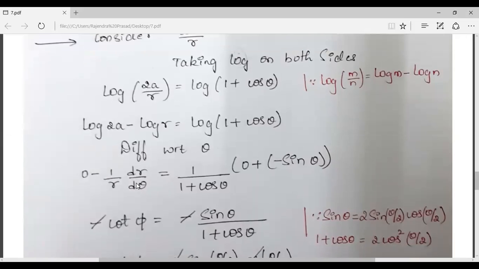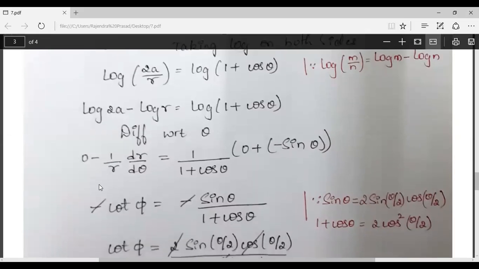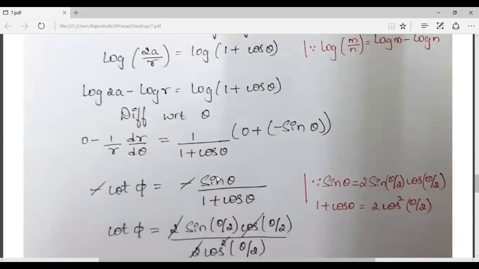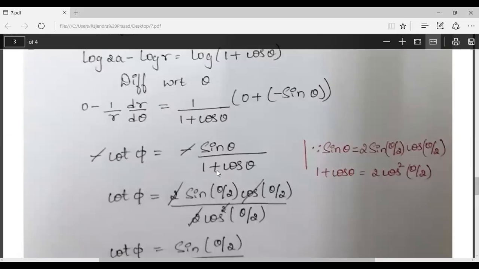We know that 1 by r into dr by d theta is equal to cot phi, that is equal to minus sin theta upon 1 plus cos theta. Minus minus get cancelled, cot phi keep as it is, sin theta. Sin theta can be written as 2 sin theta by 2 into cos theta by 2, divided by 1 plus cos theta.